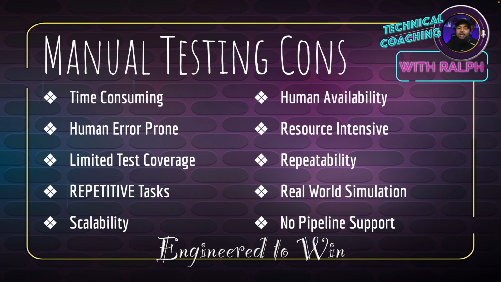So what are some of the cons? What are some of the drawbacks of manually testing APIs? There are a few, but let's start off. It's very, very time consuming. Anything that you have to do manually is going to be very time consuming. It's prone to human error. And what does that mean?